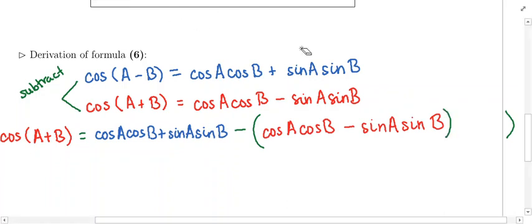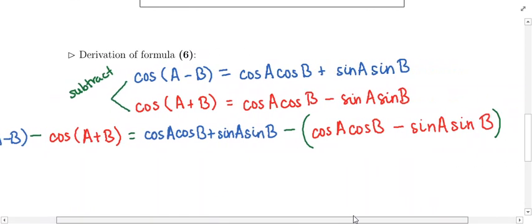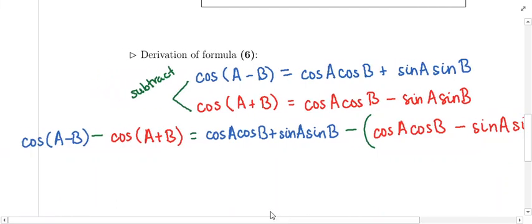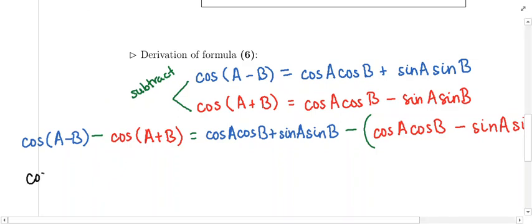And then just follow your instinct. What should I do now? Well, I'm going to do the distribution on the right side. So on the left side here, nothing is going to change. This is going to be the same thing as before. So cosine of A minus B minus the cosine of A plus B. The blue stuff is not going to change.